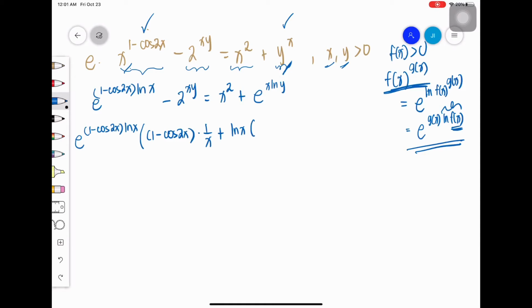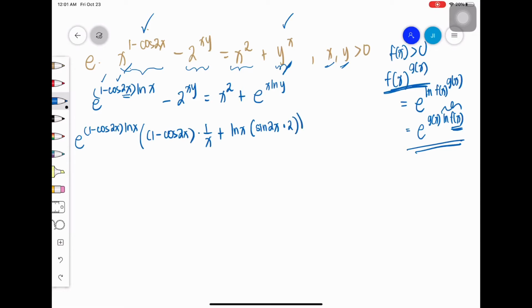The derivative of cosine is negative sine, tama? So the derivative of 1 minus cosine 2x is 0 for the derivative of 1, and for the derivative of negative cosine 2x, that is negative of negative sine 2x. So that becomes positive sine 2x. Do you follow? But what's inside cosine is still a function of x. Hence, we need to multiply this by the derivative of 2x, which is 2.